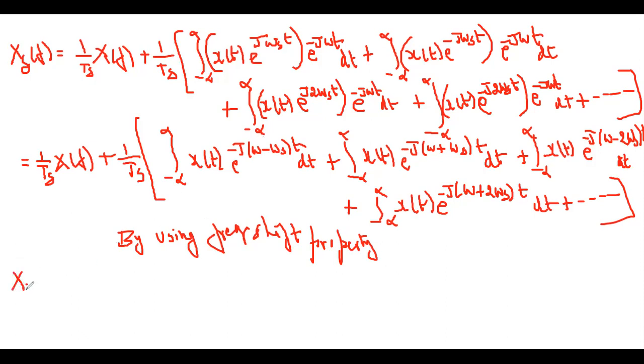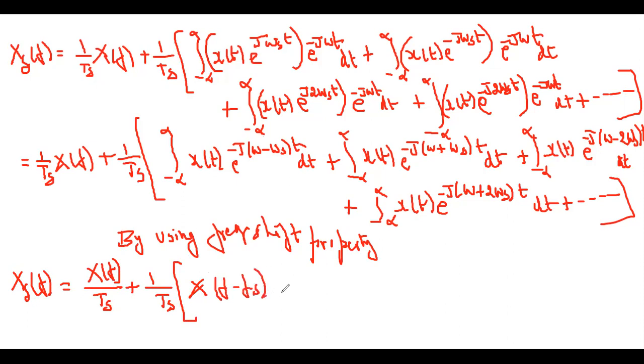Therefore, X delta of f is equal to X of f whole divided by ts plus 1 by ts multiplying X of omega minus omega s. I am writing in the normal frequency, X of f minus fs plus, and here the omega plus omega s.